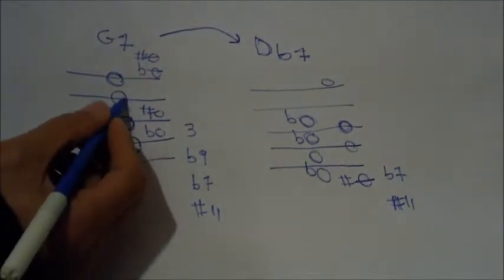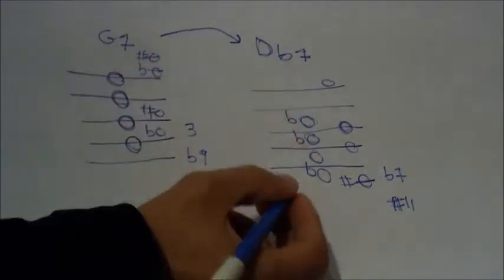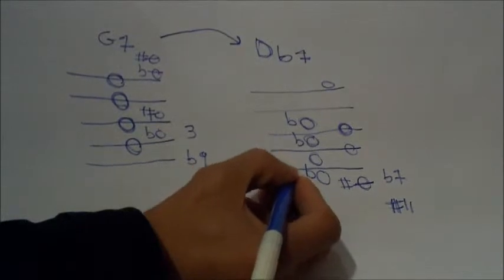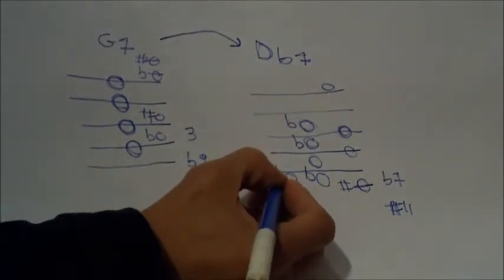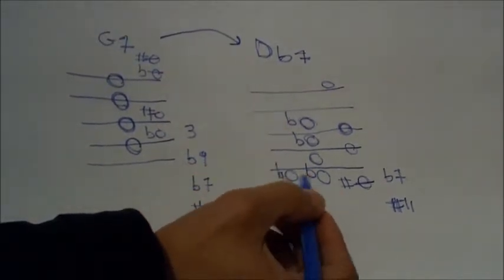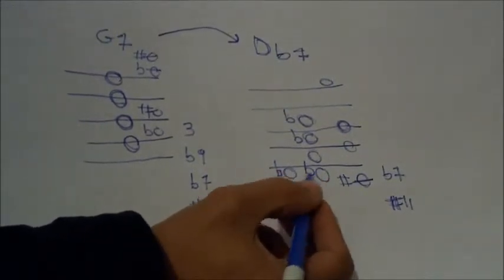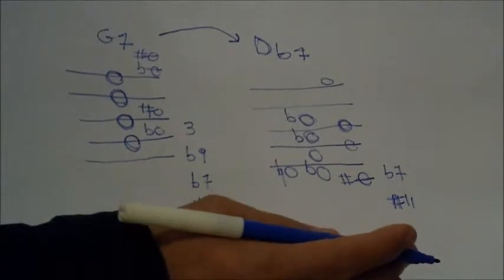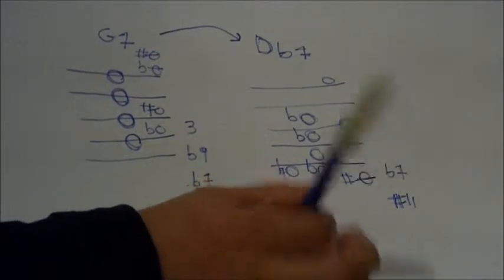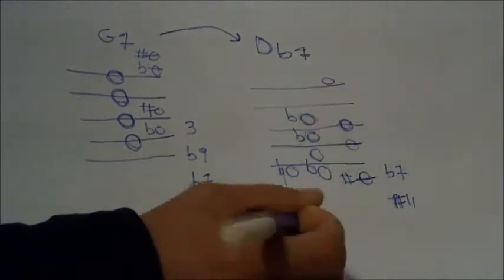Then you have a D. The D is a tricky one. So you have a D, half a tone in distance from the root of D flat 7, which also makes it enharmonically related with a note that goes on top of D flat 7.